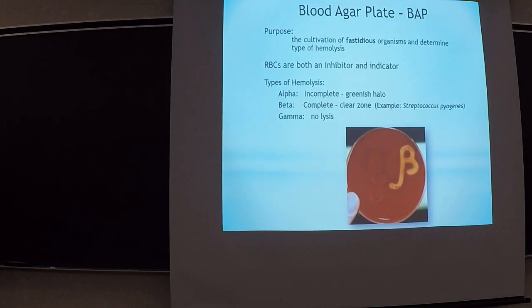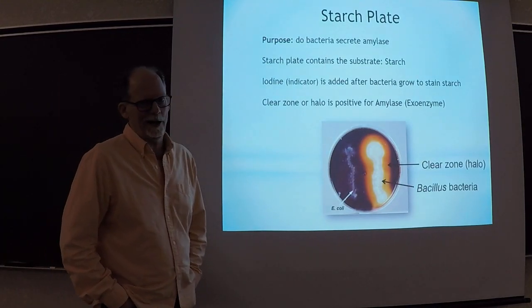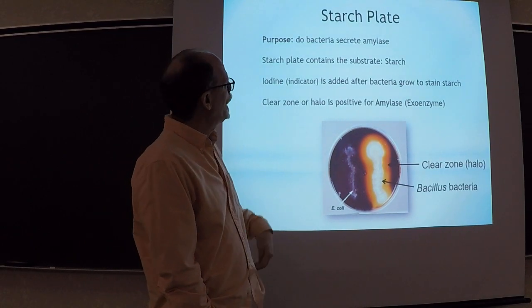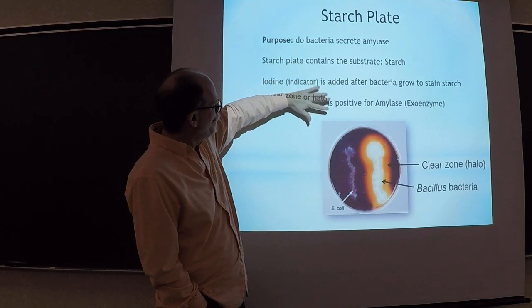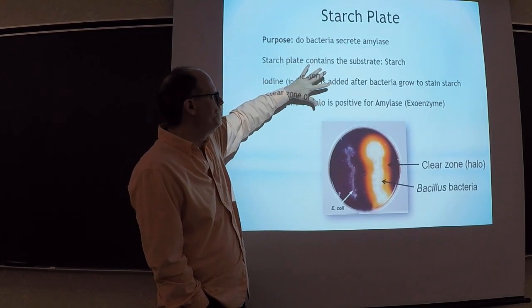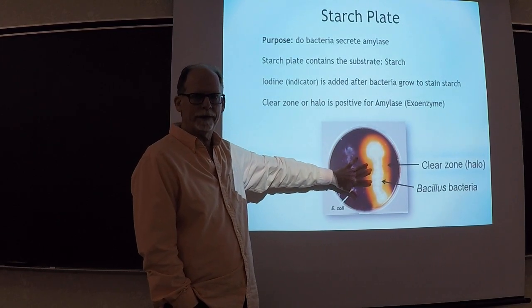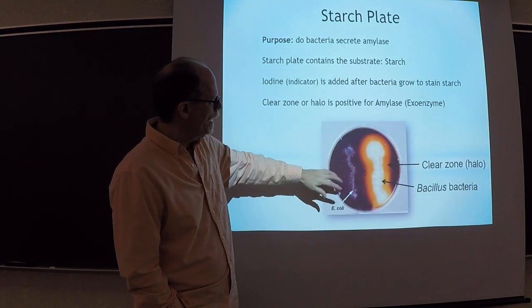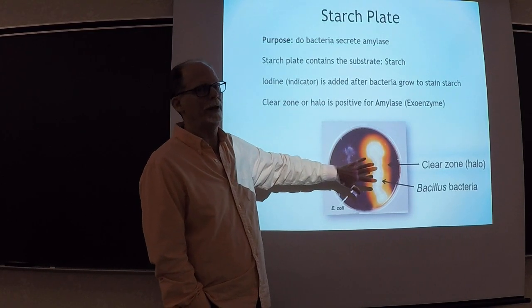If we go to another one, like the starch plate, it's a little bit more complicated. Here's the purpose of it. These are already sort of in sentences, but put it in your own words, right? Starch is in the plate. In the principle, if bacteria secrete amylase, it breaks down the starch in the plate.